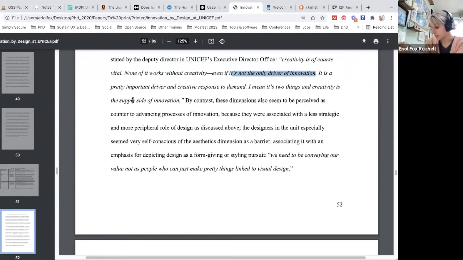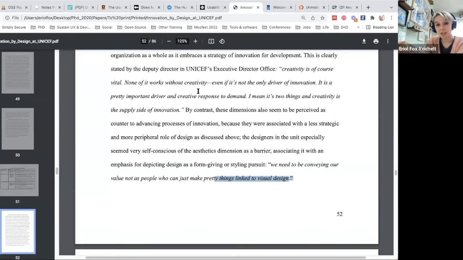And then some value, not as people who can just make pretty things into visual design. So this is about design not just being visual design, but also that creativity, going back to something I said a little bit earlier, is how do you collect creativity within an open source context?